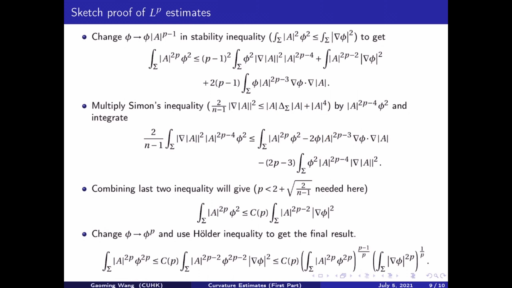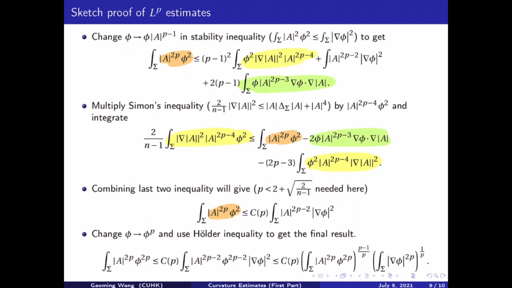Now, we can combine these two inequalities. Note that there are a lot of the same terms in these two inequalities. We use this pen to mark the L^{2p} terms. We mark these three terms as yellow. Besides that, there are two terms here and here, which we call the mixed terms.